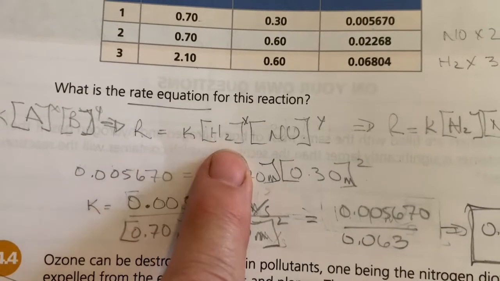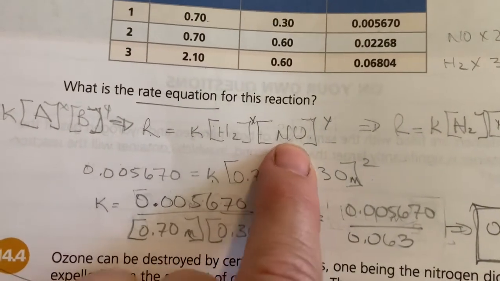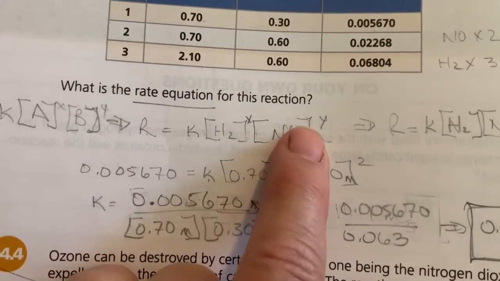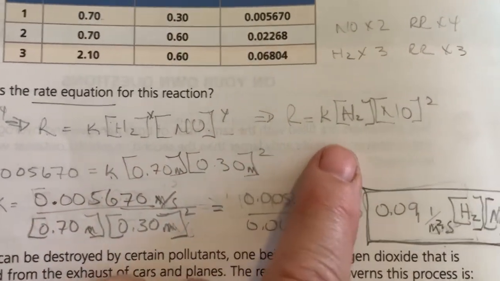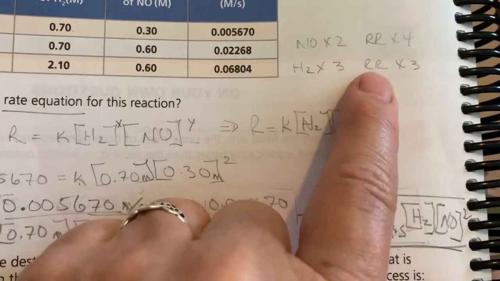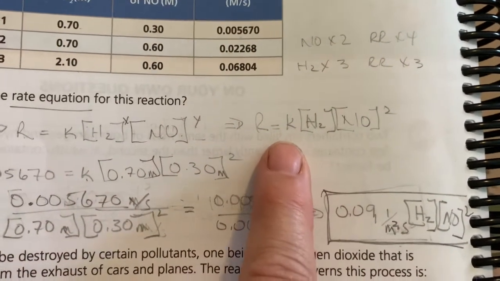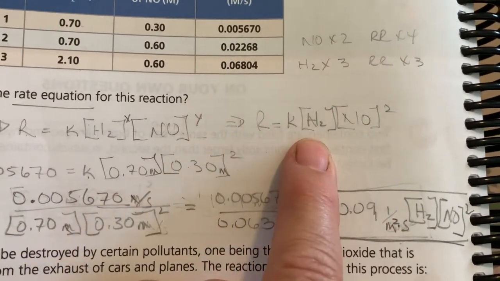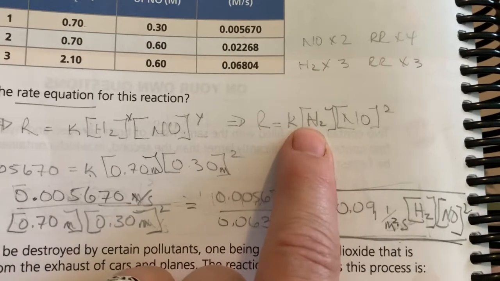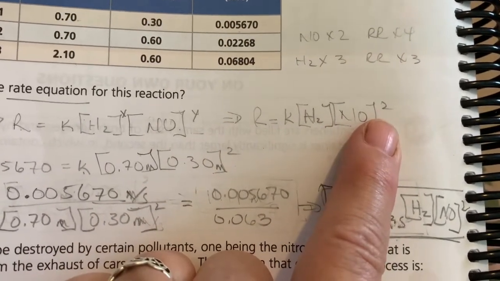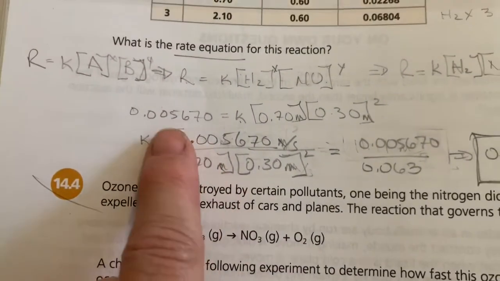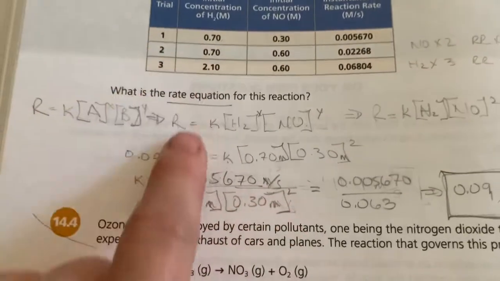It's K, H2 to the X, NO to the Y, and the H2 term cancels out, meaning it becomes 1. So we have R equals K, H2, and NO, the concentration of NO, we're going to square. So now we go ahead and pick one of these trials, and we're going to fill it out.